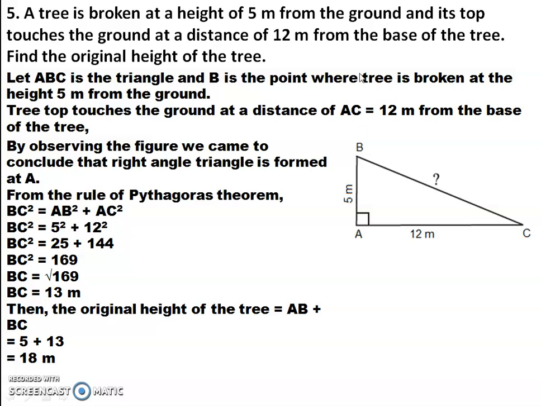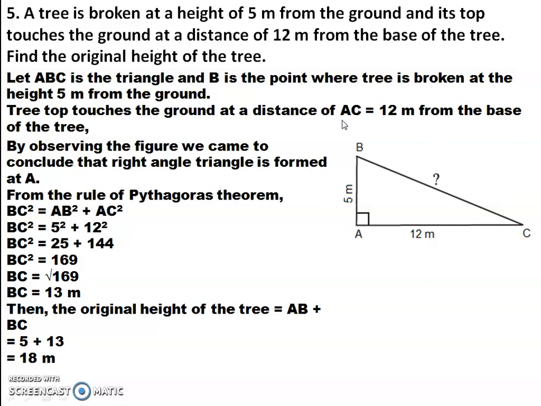Here this tree stood like this, but at a point B it broke and it touched the ground at a distance of 12 meters. The total length was ABC. At B it broke and the C point touched the ground at a distance of 12 meters.